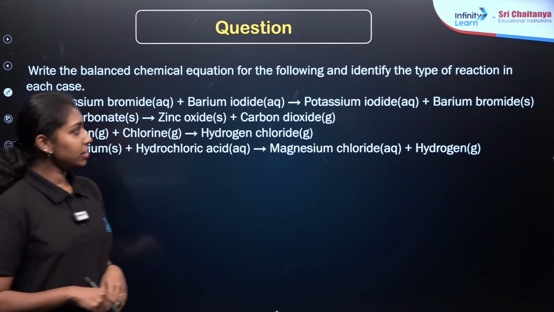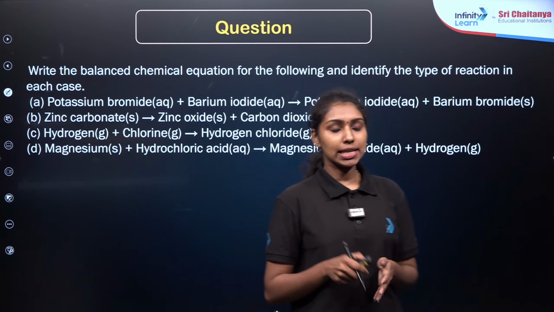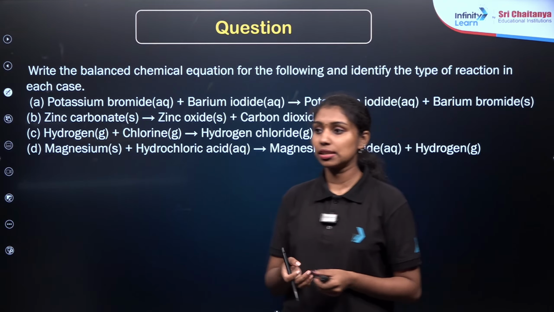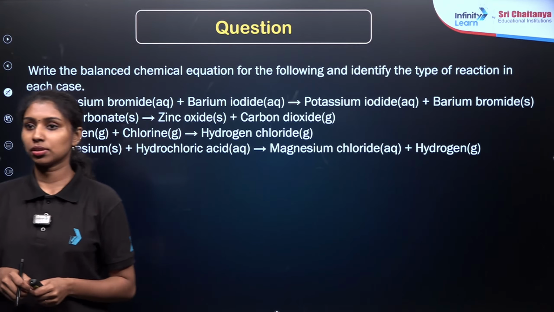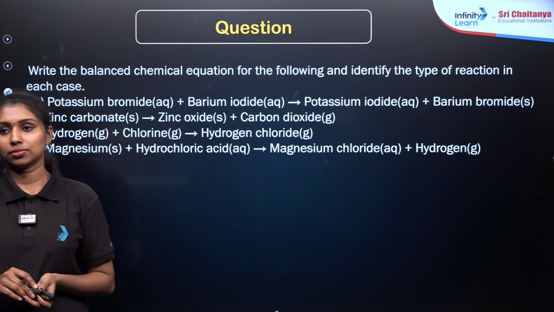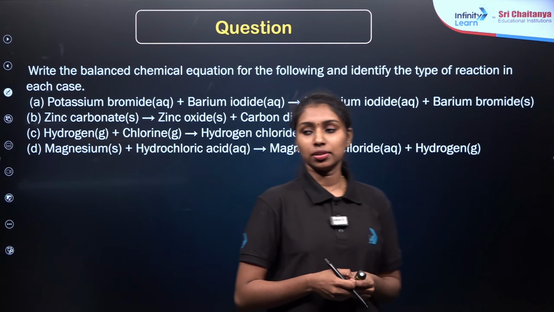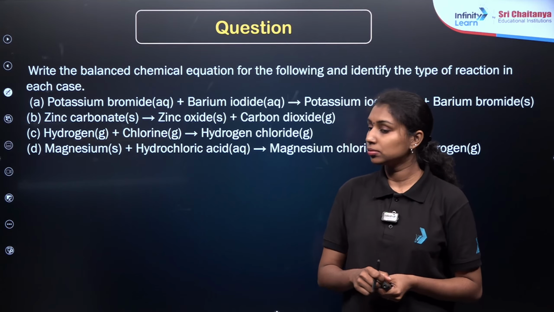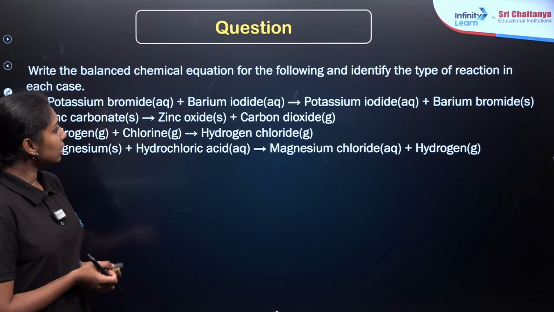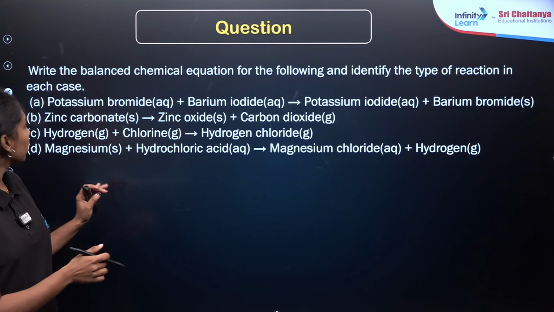Okay, here is another question, again balancing of the reaction. After balancing, we need to identify which type of reaction it is. So just try by yourself, just let me know what is the balanced chemical equation for this reaction.